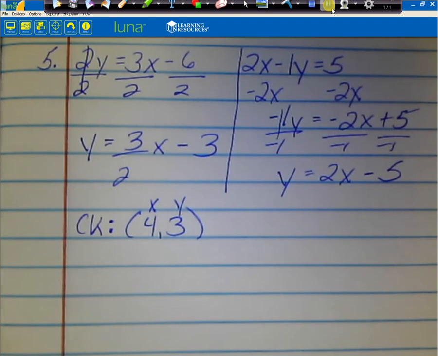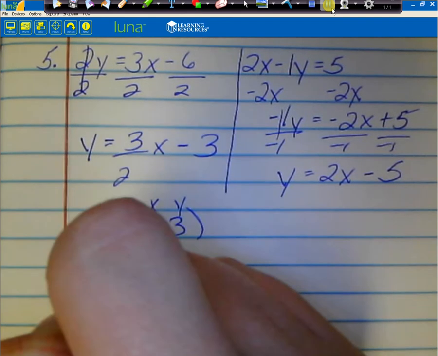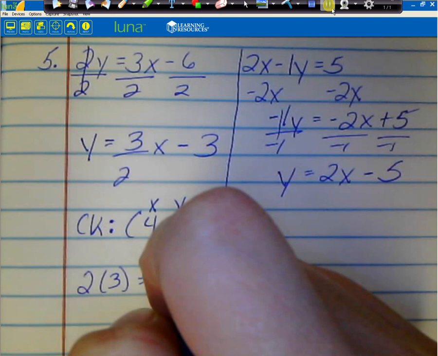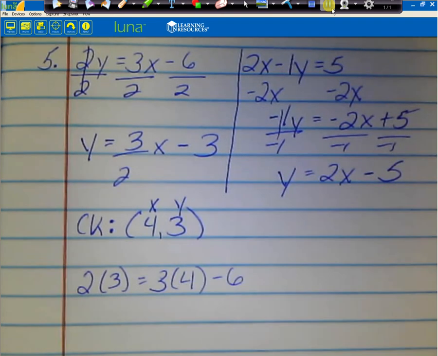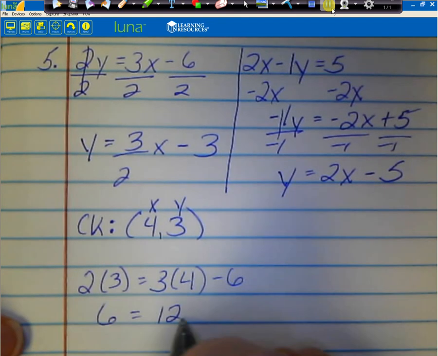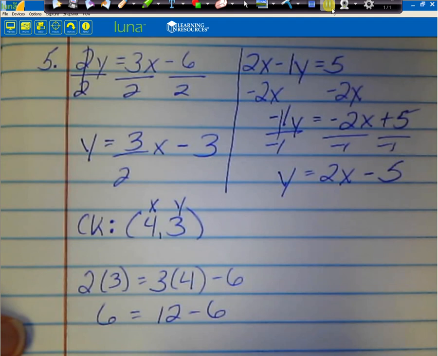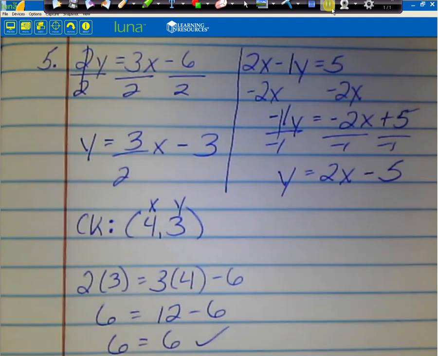And again, I'm going to go back to both originals when I check. So I'm going to go back to the original one here and say 2 times 3 equals 3 times 4 minus 6. And I end up with 6 equals 12 minus 6. Well, 12 minus 6 is 6, so 6 equals 6. So it works for that one.